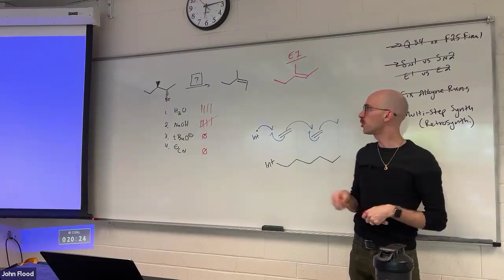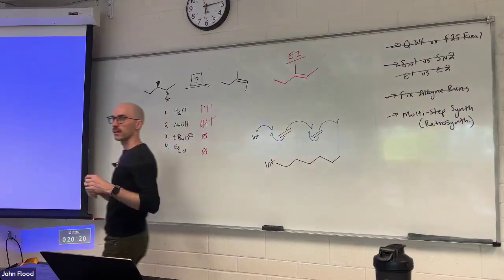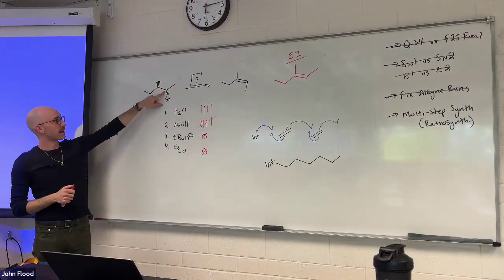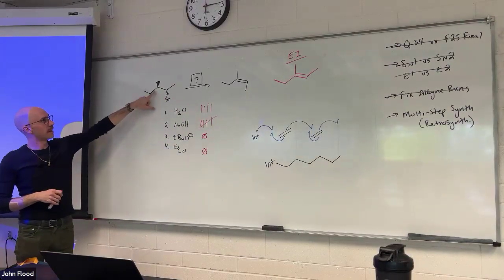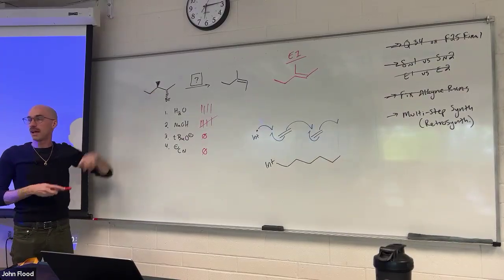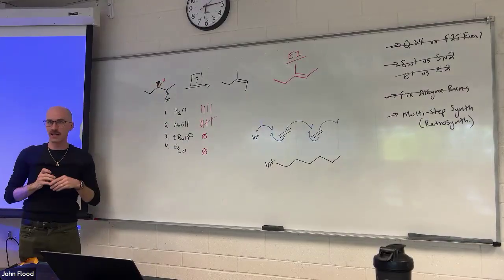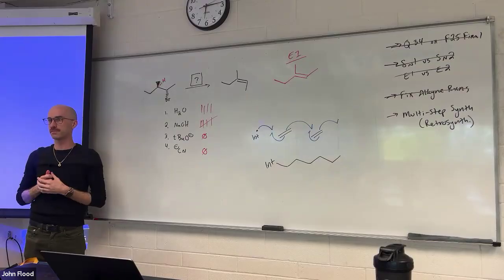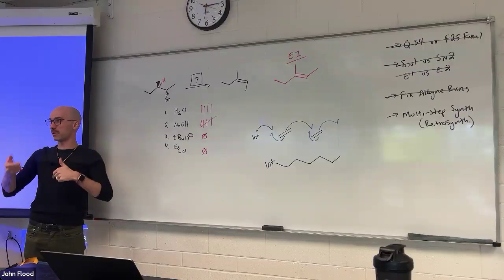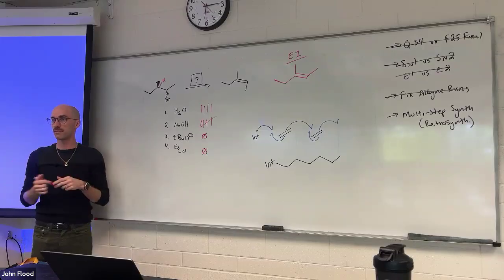But why would E2 result in this? Is it clear that the beta hydrogen needs to be removed from the tertiary carbon? And that hydrogen at the moment is or is not antiplanar to the leaving group? It is not antiplanar to the leaving group. But unlike the rings that we were dealing with before, this molecule has freedom of rotation.